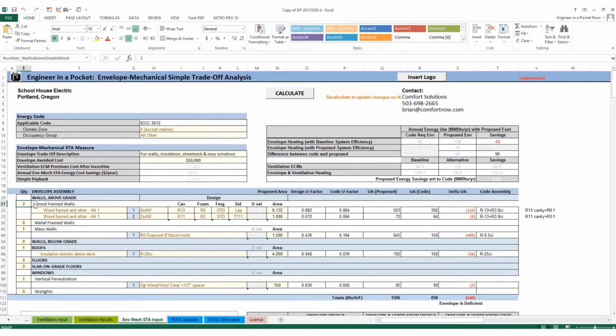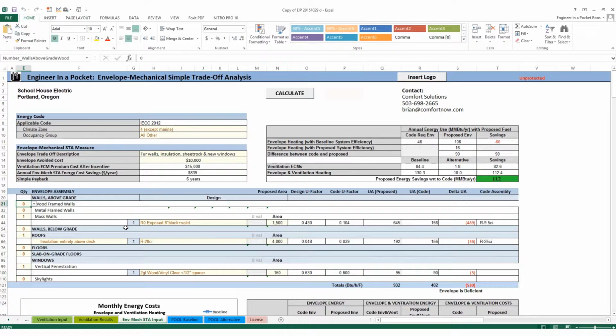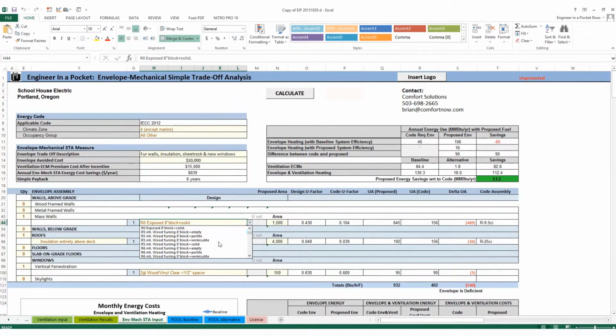And in this case, what we have is about 1,500 square foot of non-furred out R0. And you can see we have loads of assemblies for you to pick from, or you can do your user defined. And the area of it, and it shows you the deficiency.